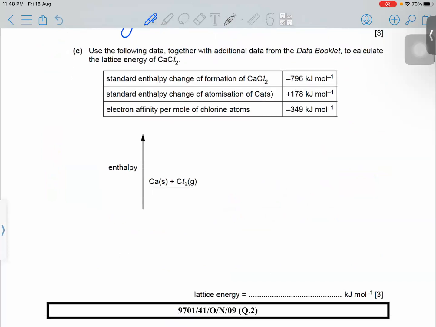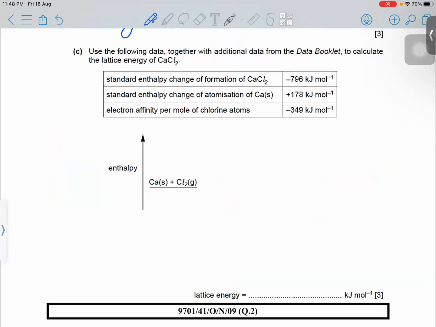Now you have to draw the Born-Haber cycle of calcium chloride. You have calcium solid and chlorine gaseous. Sir, we'll atomize it.